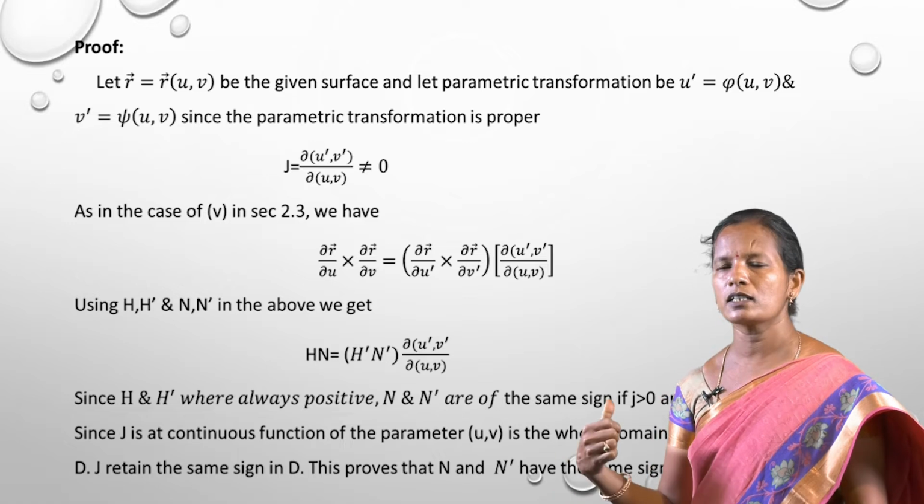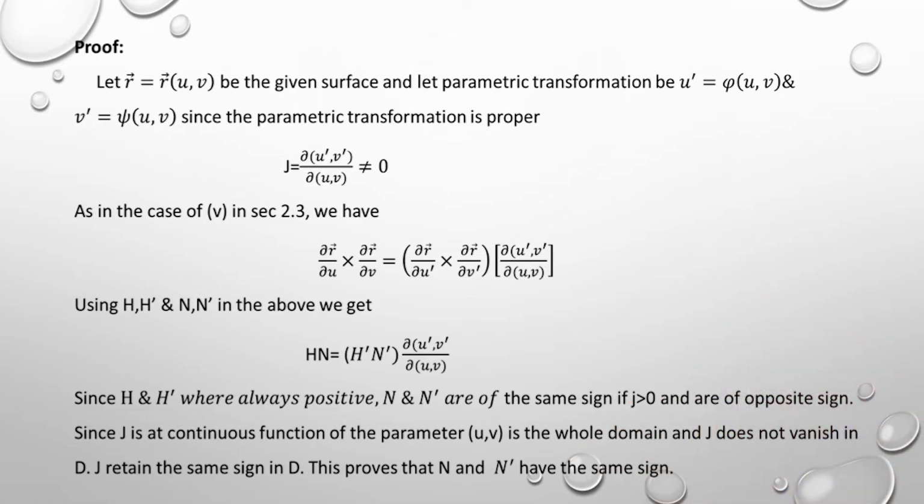Since h and h dash are always positive, n and n dash are of the same sign if J is greater than 0 and of opposite sign otherwise. Since J is a continuous function of the parameters u, v in the whole domain D and J does not vanish in D, J retains the same sign in D. This proves that n and n dash have the same sign.